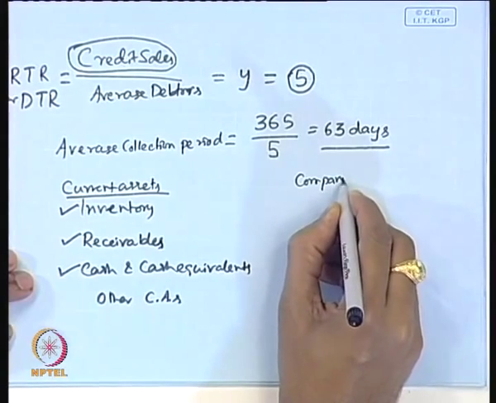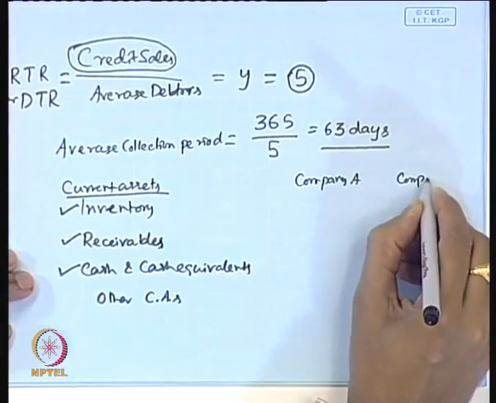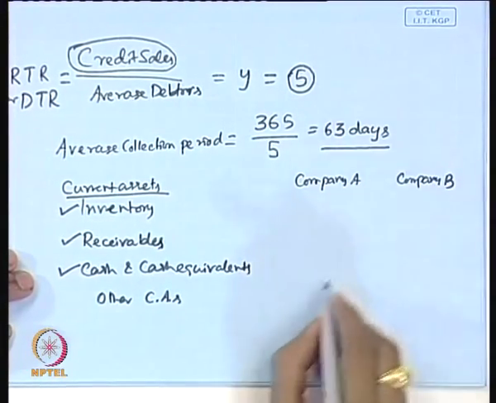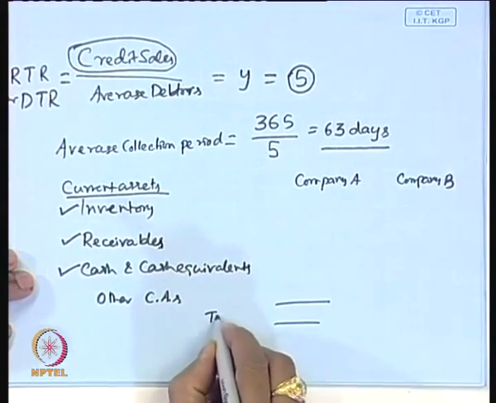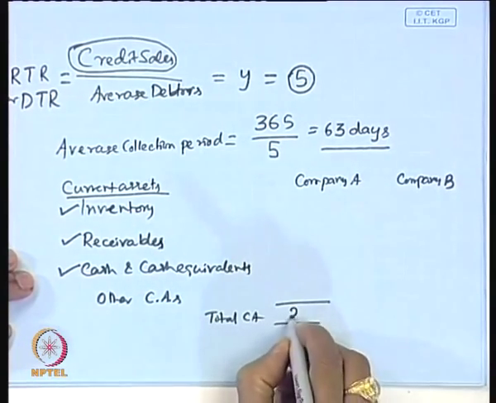So, let us say we have company A as well as company B, which has got total current assets of 200.